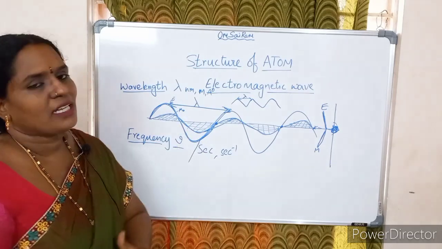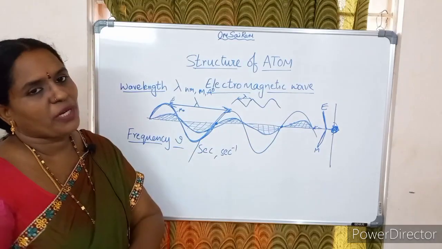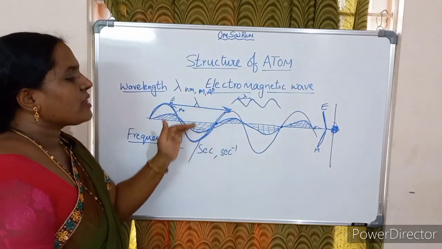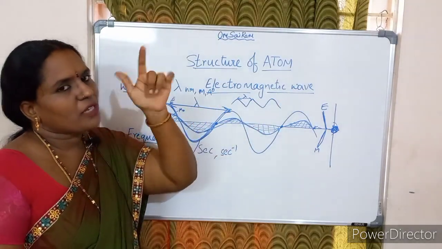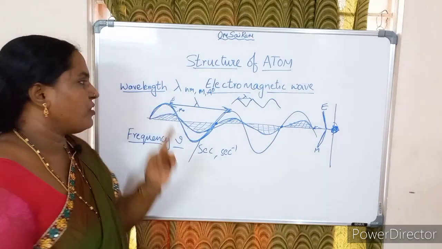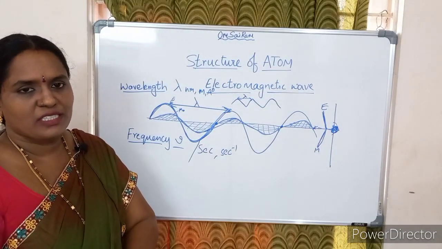If the wavelength is larger, what happens? Fewer waves will pass through a particular point. Means if the wavelength increases, the number of waves passing through a particular point decreases, which means frequency decreases. Is it okay?